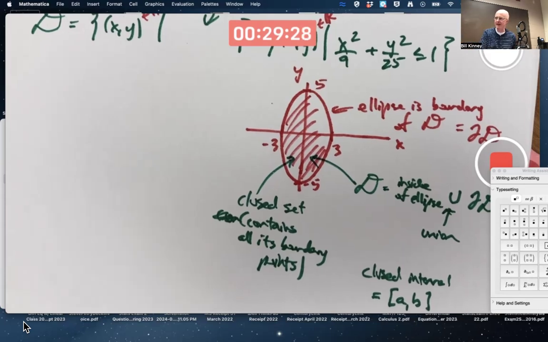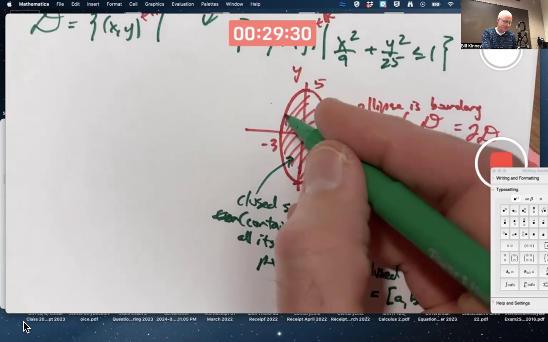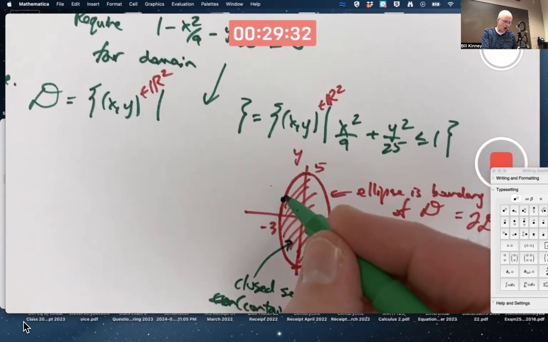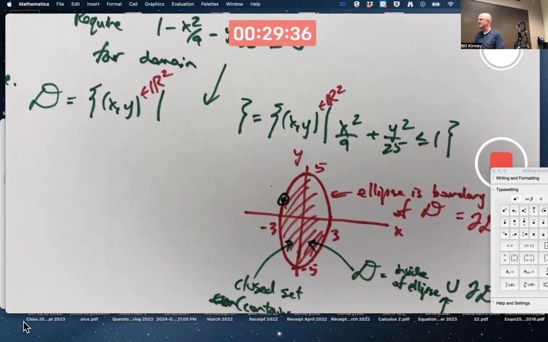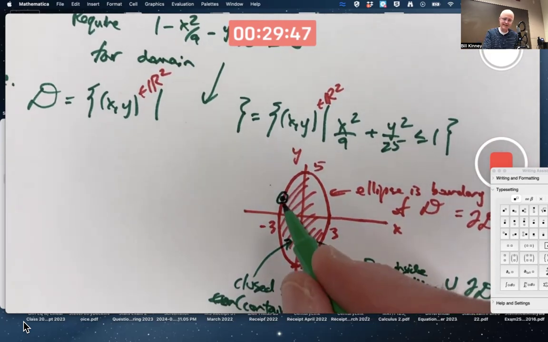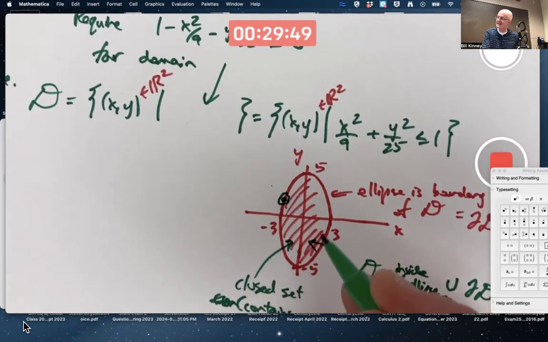What does it really mean to be on the boundary? It means if you take an open disk near the point, no matter how small, there are points both in the set and outside the set inside that disk. Say it again. This point that I drew here, this dot, is on the boundary of the red set.